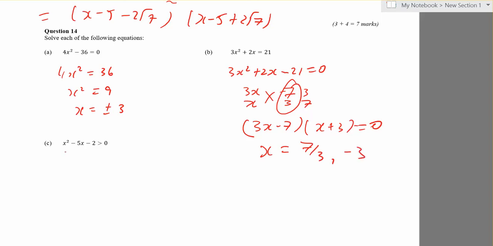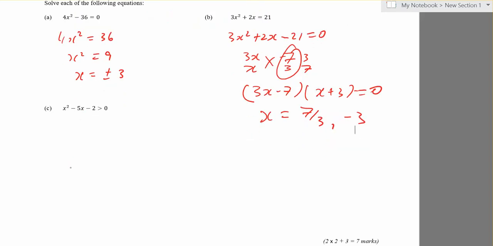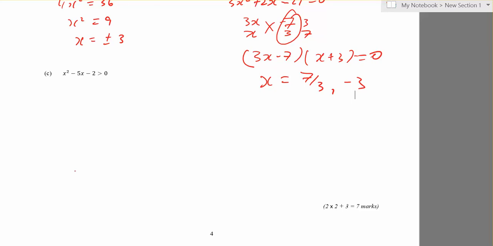The next one, I can't factorize this using cross product. So the easiest way to get the solution is to complete the square. We need to draw the graph of it. We know it's a smiley face, but we need to know where the x-intercepts are before I can work out where the whole graph is positive. So I need to get a solution. So I'm going to use the quadratic formula.